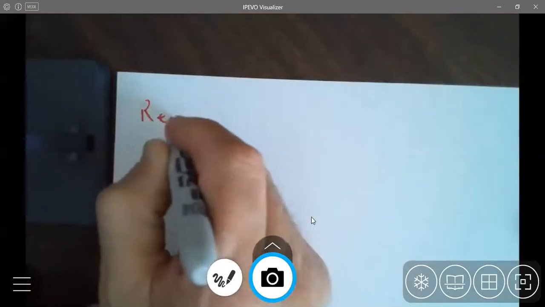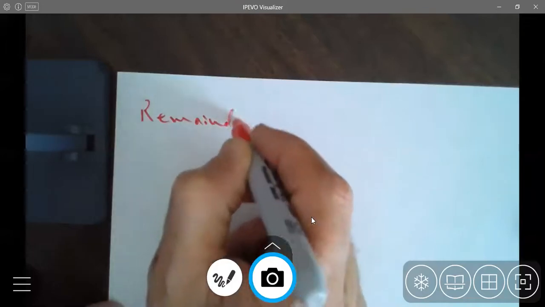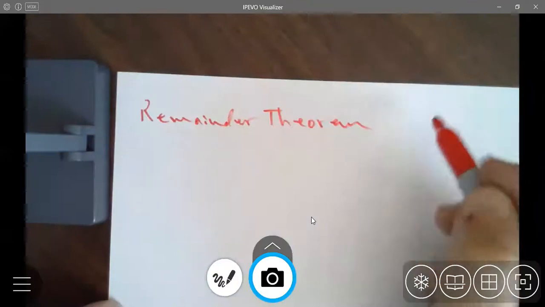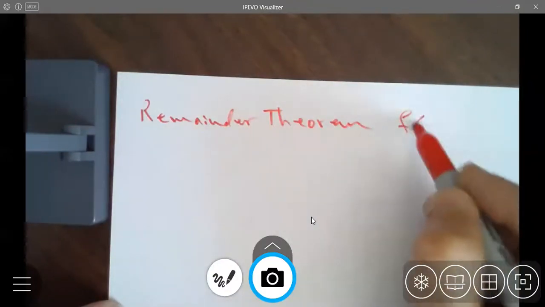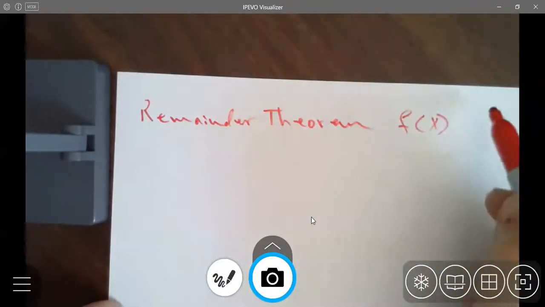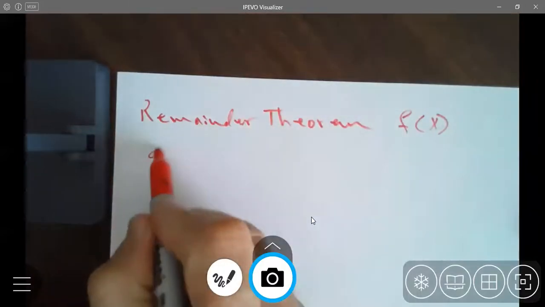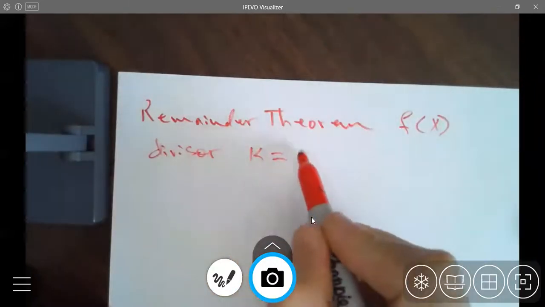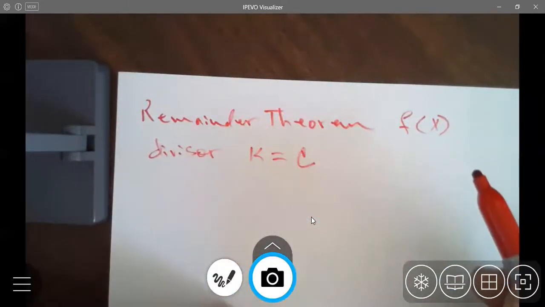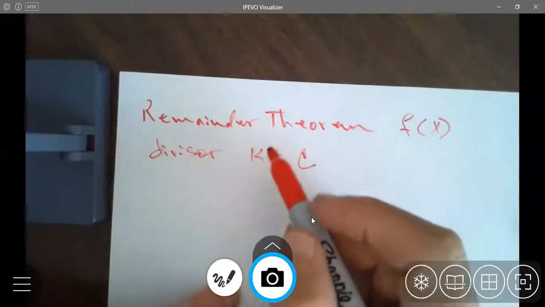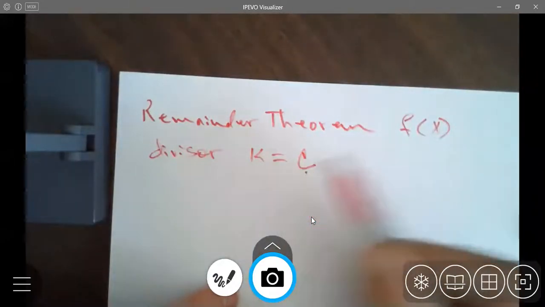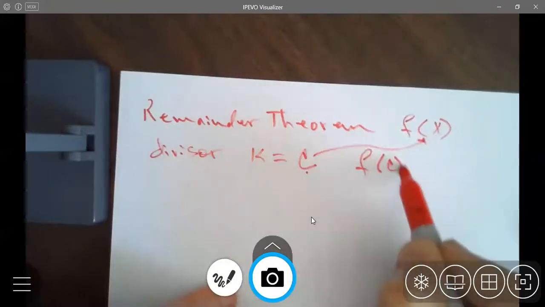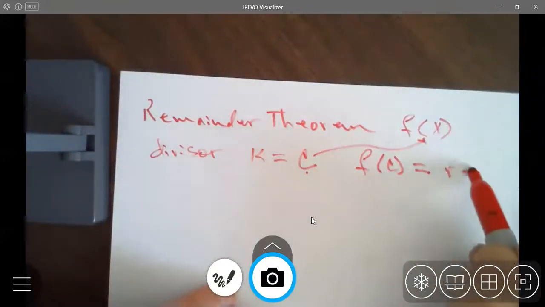Remainder theorem states that if you have a function f of x and your divisor is k equal to some number c, if you were to substitute c in for x, you get your remainder.